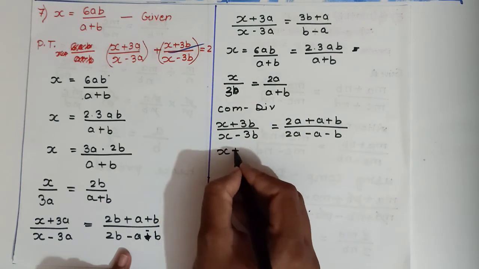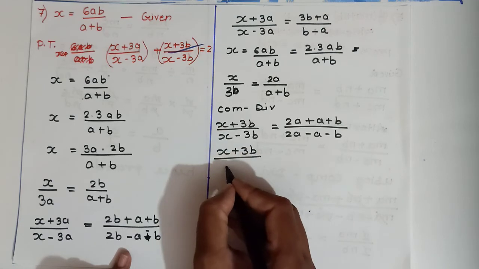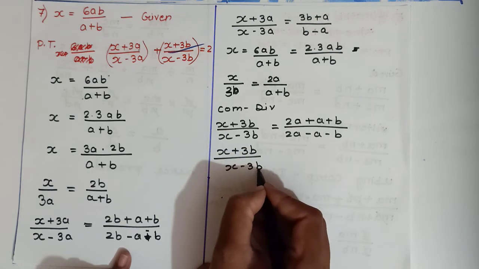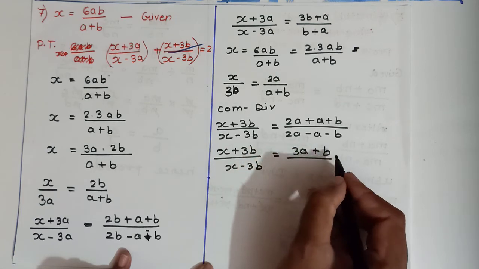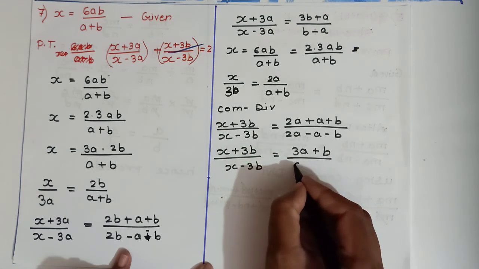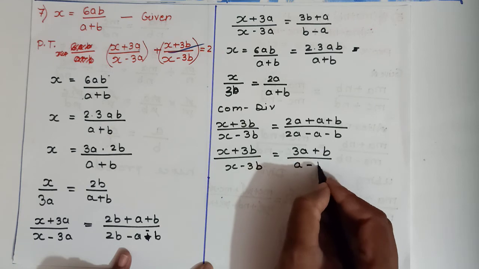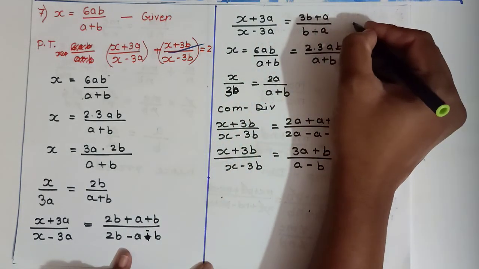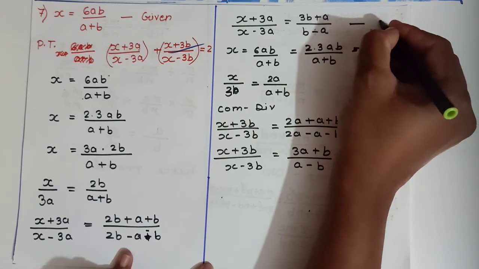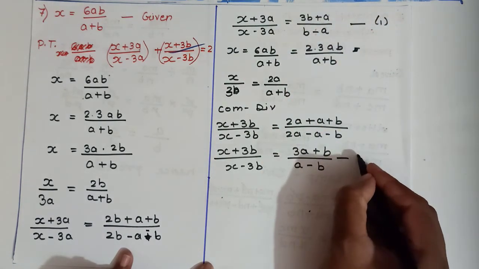So I will get x plus 3b divided by x minus 3b, which equals to 3a plus b, and here 2a minus a means a, so a minus b.